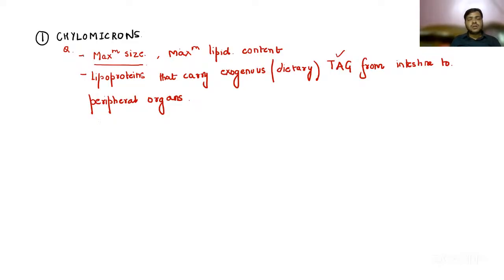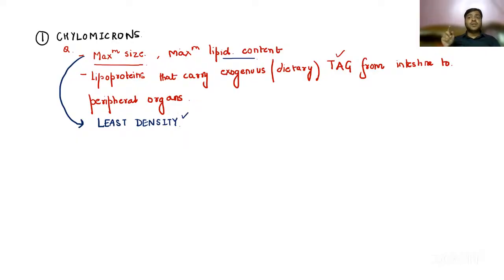Again, a very important MCQ that you have to remember here: they have the least density. When I say more density, it means more protein content. If the lipid content is more, the lipoprotein will have the least density.